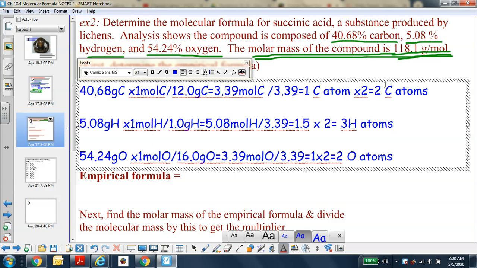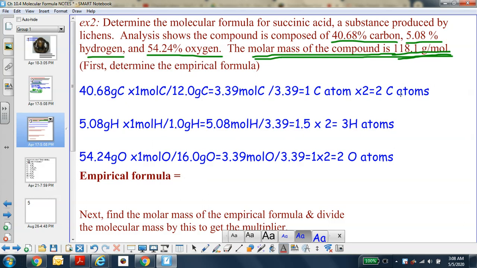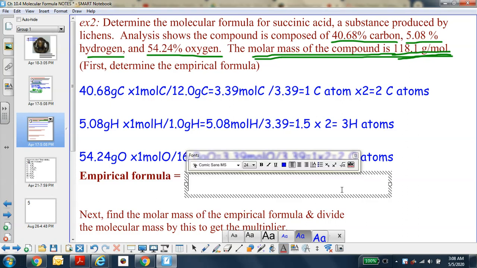So I've just now figured out what my empirical formula is. I've got 2 carbon, 3 hydrogen, and 2 oxygen. And the sequence that they are going to go in is like how you encountered it in the example data. So the carbon came first, then the hydrogen, and then the oxygen, and that's the order that they're going to go in.